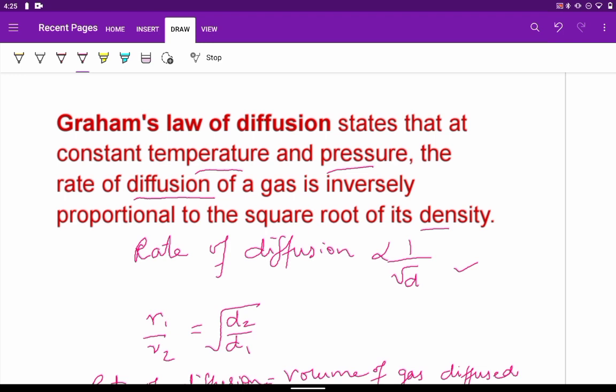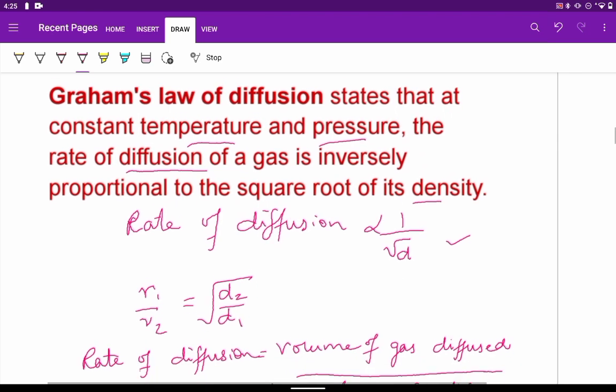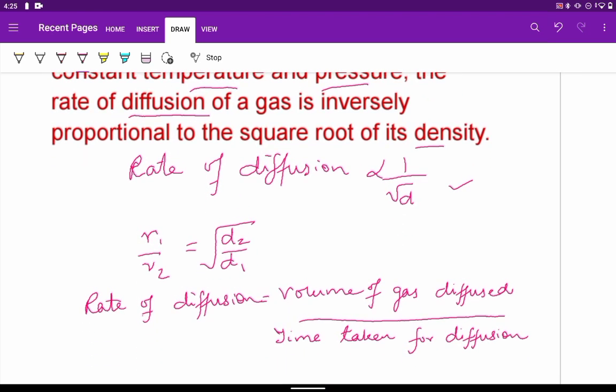So if the rates of diffusion of the two gases, gas number 1 and 2, are given by R1 and R2 respectively, then R1 by R2 will be equal to the square root of D2 by D1, because there is an inverse relationship to the square root of the density. So R1 by R2 is equal to square root of D2 by D1. Here D1 is the density of the first gas and D2 is the density of the second gas.